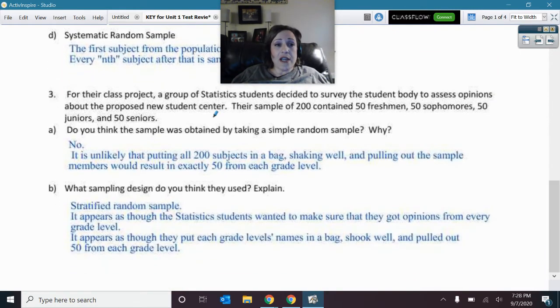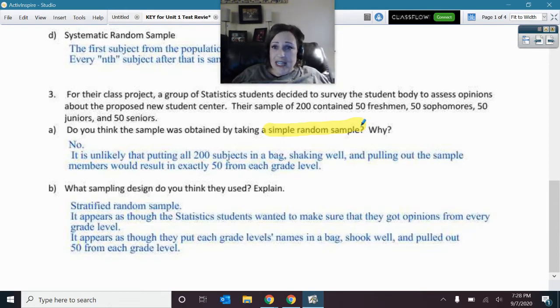All right, now here they had a sample of 200, which happened to have exactly 50 freshmen, 50 sophomores, 50 juniors, and 50 seniors. So do you think this was a simple random sample? With a simple random sample, all subjects are equally likely, and every sample of a particular mixture is equally likely.